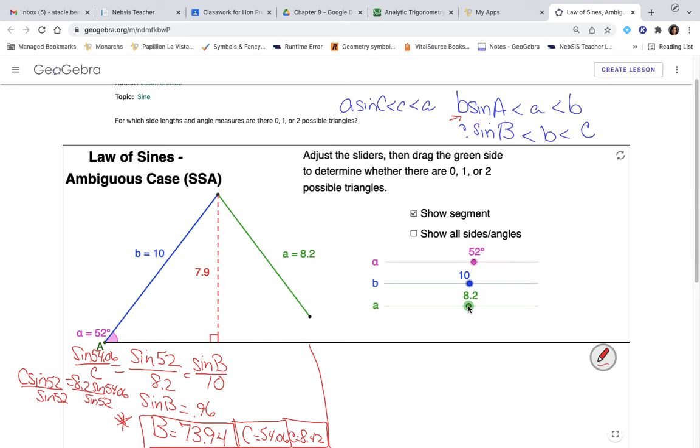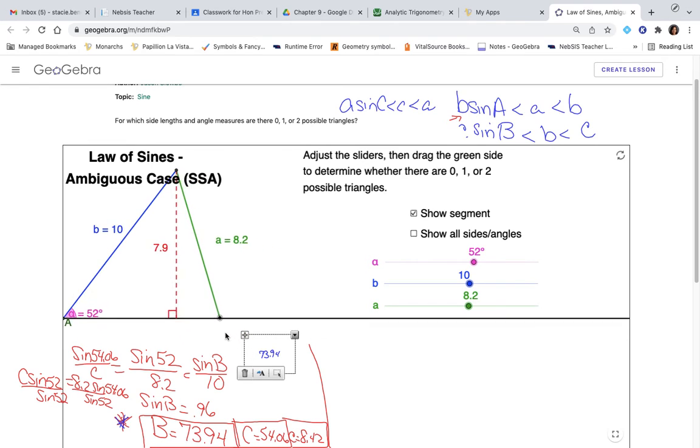Okay, so we remember from yesterday, hopefully, that when we have that second triangle, this guy we figured out was a 73.94 degree angle, right? And when we want to get our other triangle, move it over here a little bit.